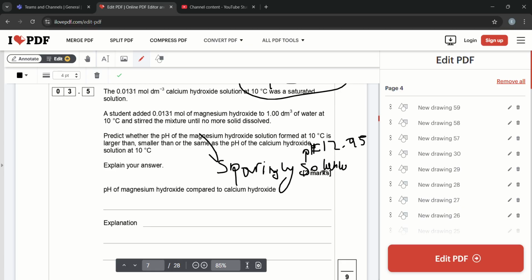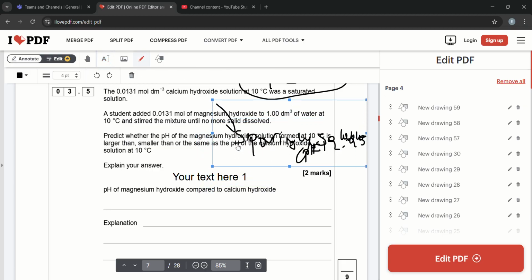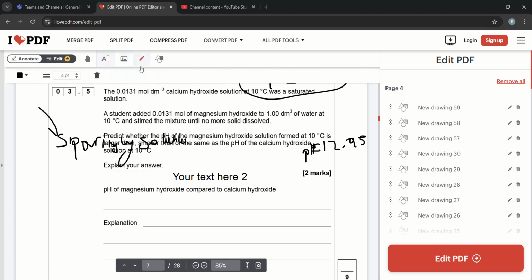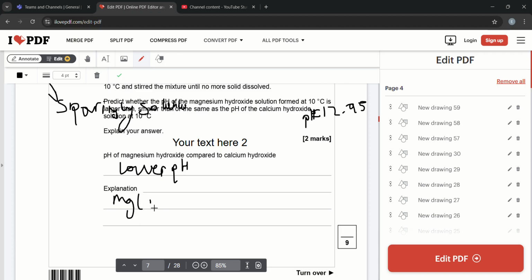So the pH of magnesium hydroxide compared to calcium hydroxide is going to be lower, as magnesium hydroxide is sparingly soluble.